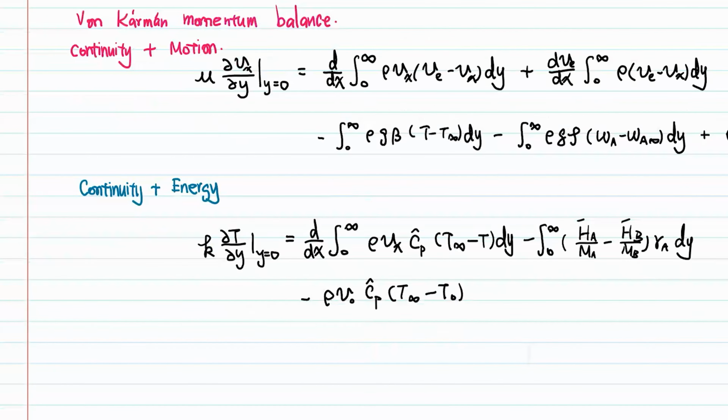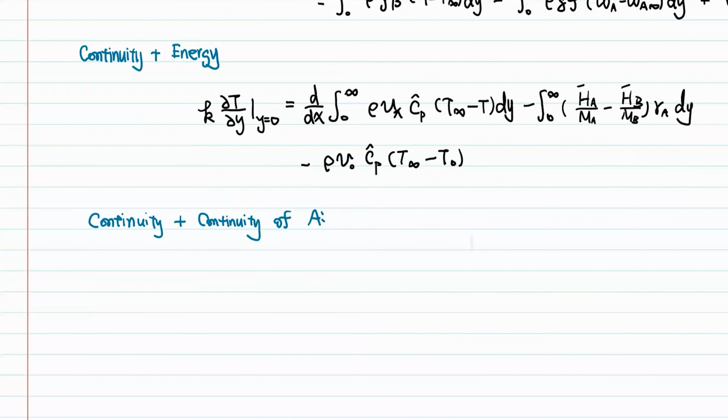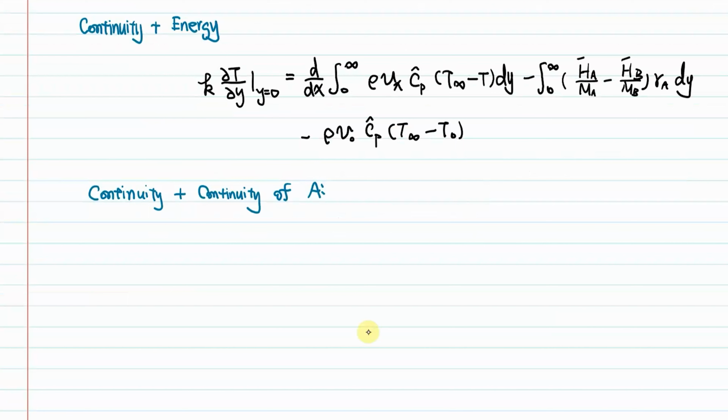Okay, and finally we have the equation of continuity plus continuity of A. So on the left-hand side would be the net mass flux coming out from the solid surface.